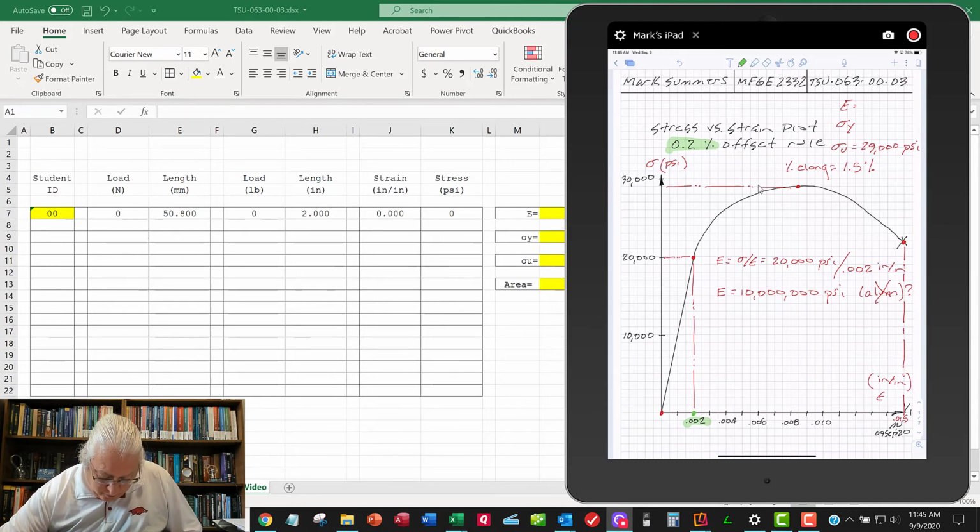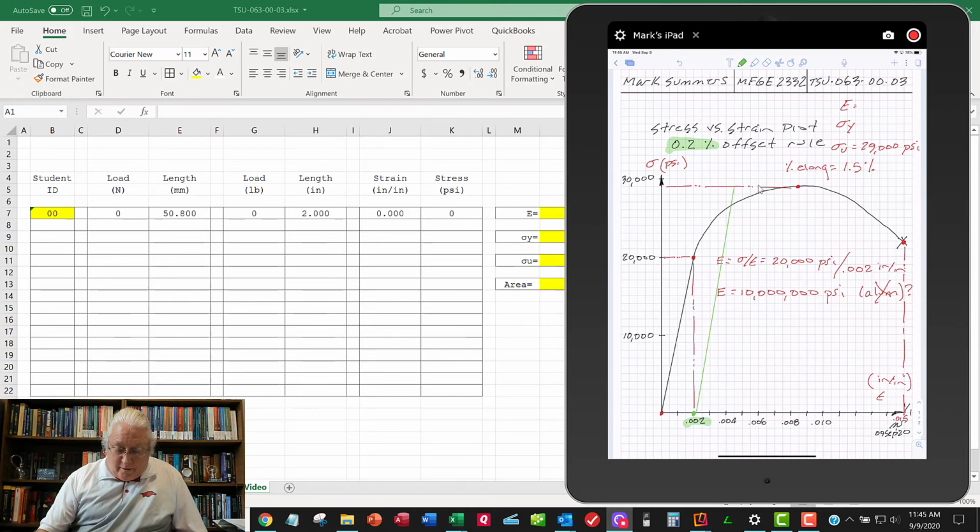And then all we do is we draw a line parallel to the original data curve. I can carefully draw a parallel line here. Straight line. There we go. And I need to get my straight edge out, and I need to make sure it's parallel. And so that makes sense. So that looks like a parallel line. So I'm drawing a line that starts off at 0.002.